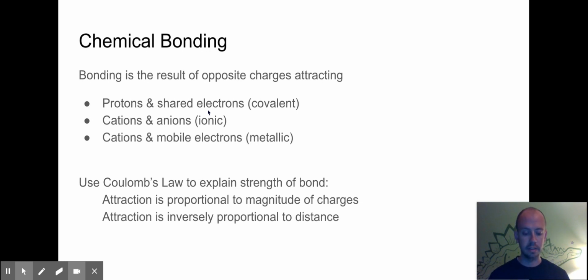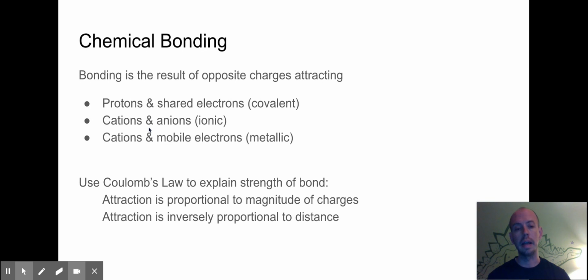With cations and anions, we are looking at and thinking about the charge of the positives and negatives: positive 1 to negative 1, positive 2 to negative 2, positive 3 to negative 3. The bigger those charges, the stronger that attraction. Even positive 2 to negative 1 is stronger than a 1 to 1 there because we have more positives. With the metals, we would think about what charge and how many valence electrons it would have.